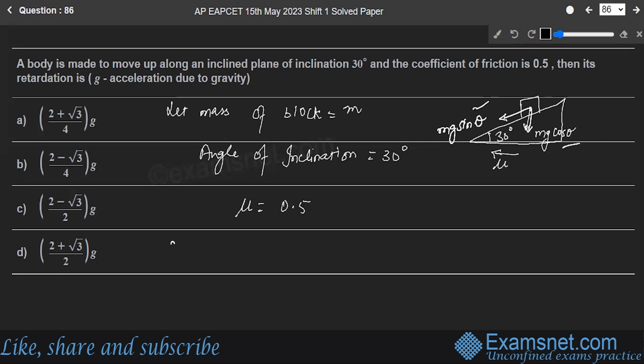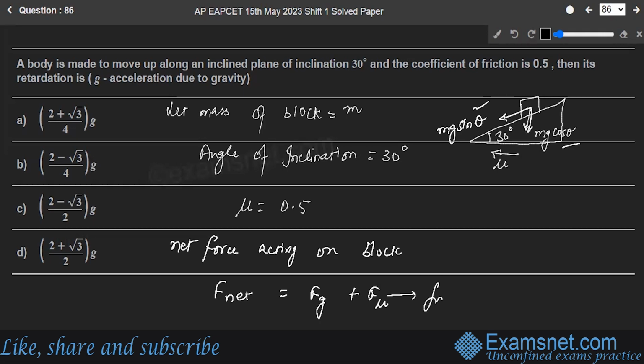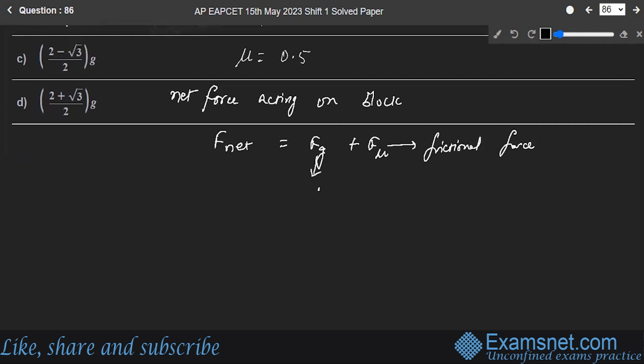You have to find out the net force acting on the block. This net force will be given by F net is equal to the gravitational force plus the frictional force.